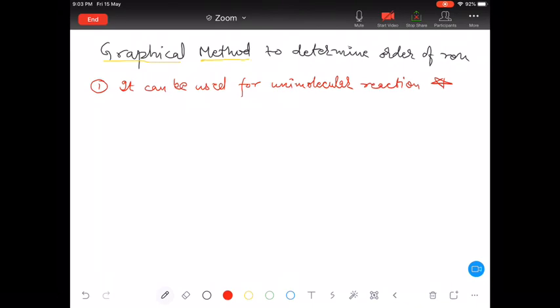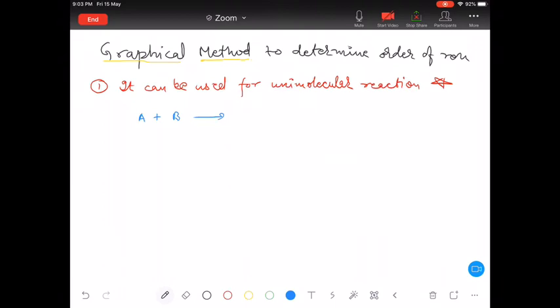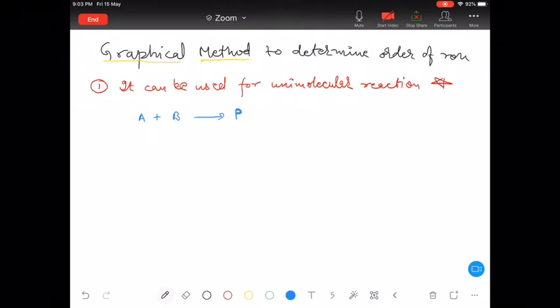For example, let's say if A plus B plus C or any other reaction is given, giving you product P. Now this reaction, here two molecules are involved, so how we can use graphical method for such kind of reaction? It is very simple.